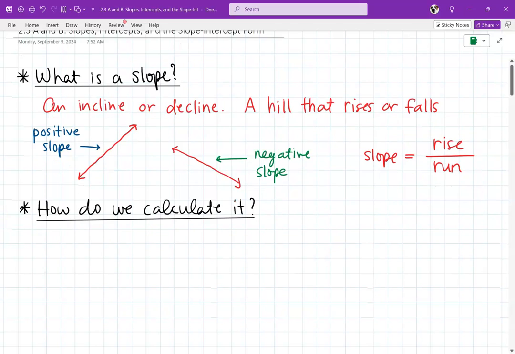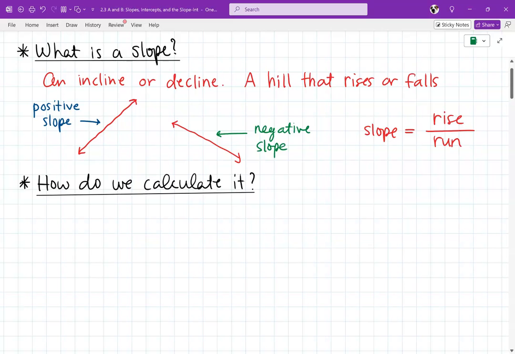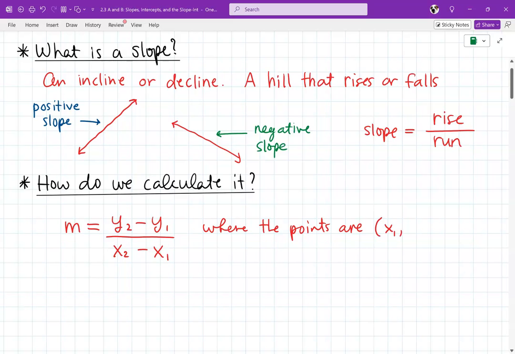So how do we calculate it? Well, this is what we do. We call it m equal to y sub 2 minus y sub 1 over x sub 2 minus x sub 1, where the points are x sub 1, y sub 1, and x sub 2, y sub 2.